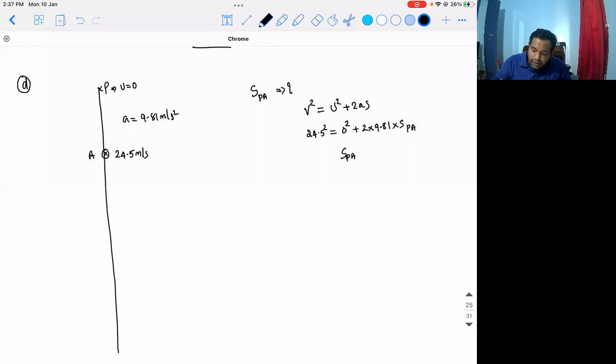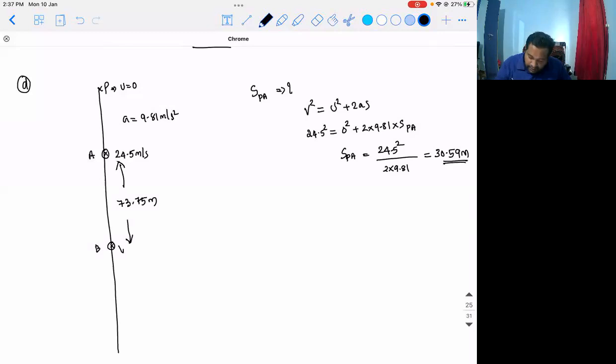So SPA is 24.5 squared divided by 2 times 9.8. Please calculate that. That is 30.59 meters. Then it reaches point B, and we are sure that it is 73.75 meters. This is already given here.